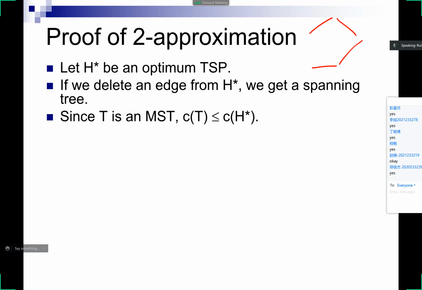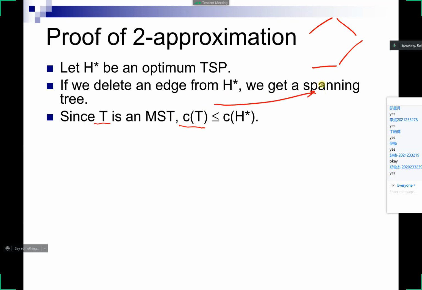And so therefore, what we know is this. Remember, the first thing we do in our algorithm is to compute a minimum spanning tree. We're going to compute this MST T. Because we have the minimum spanning tree, our minimum spanning tree has no higher cost than the tree we get by deleting an edge.